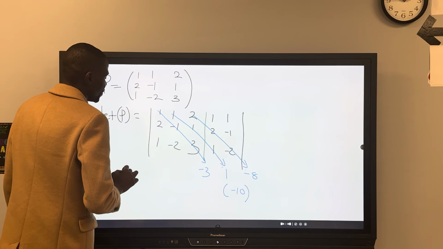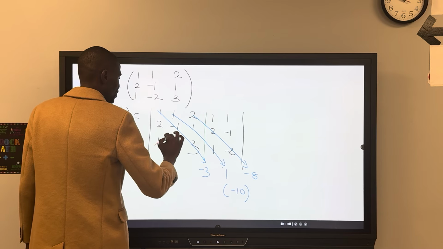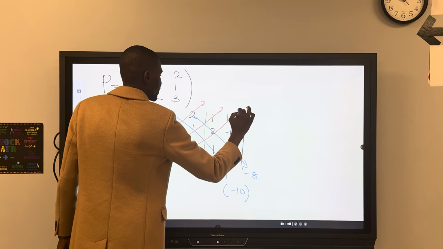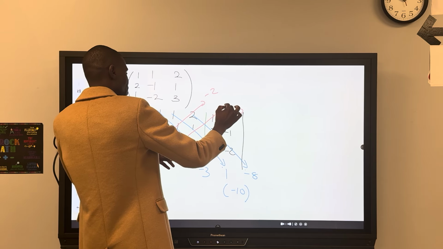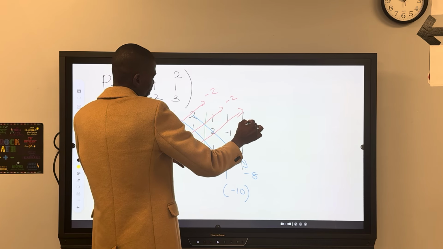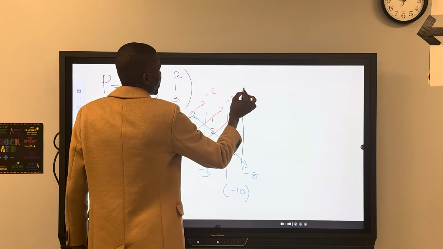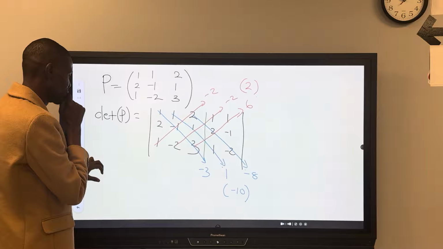Then I'll do the bottom-to-top diagonals. I have this, that, and that. When I multiply, I'm getting -2, another -2, and 6. If I sum these up, I get positive 2.